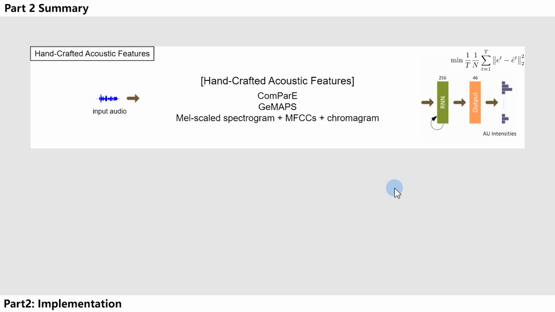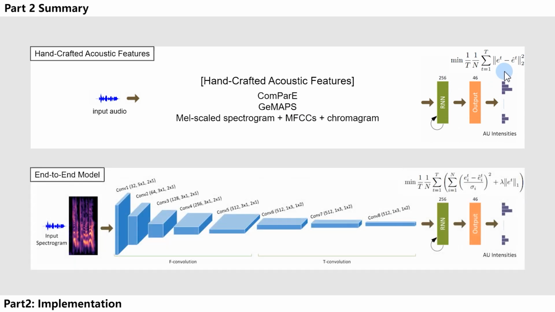Okay, let's summarize our second part. We introduced two different models. One is the handcrafted acoustic feature model. Given the audio, we can use traditional methods to extract meaningful features and use an RNN to handle those features and predict our results. We use the L2 loss function.